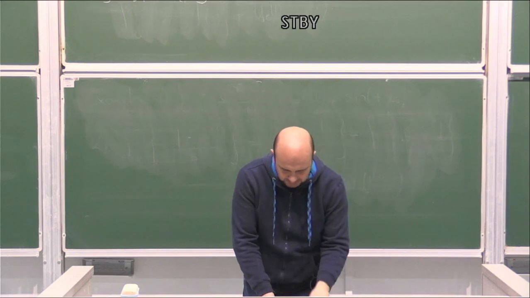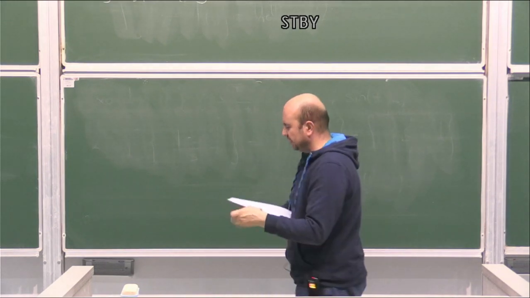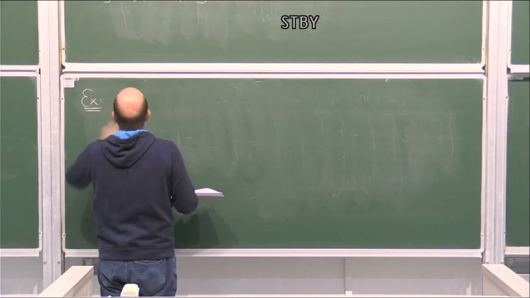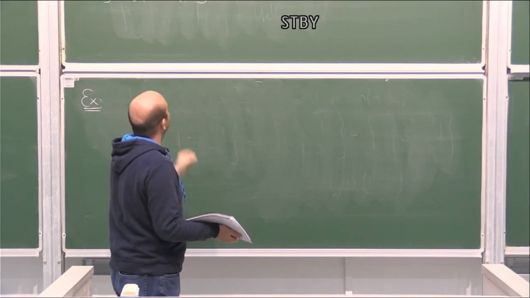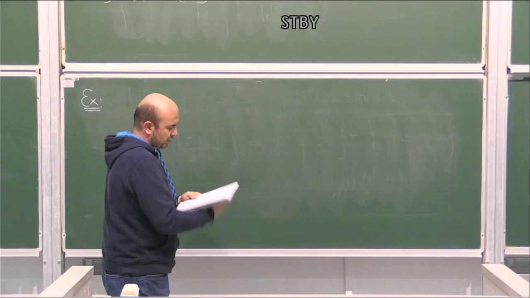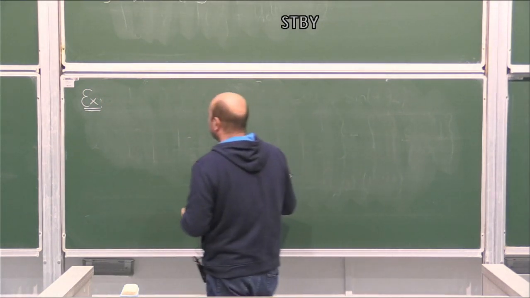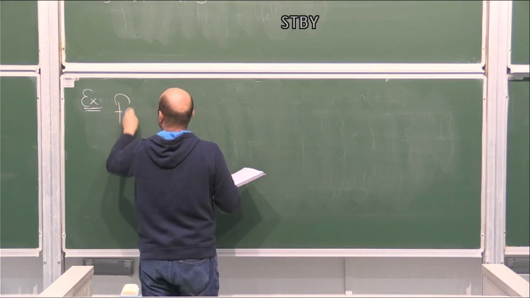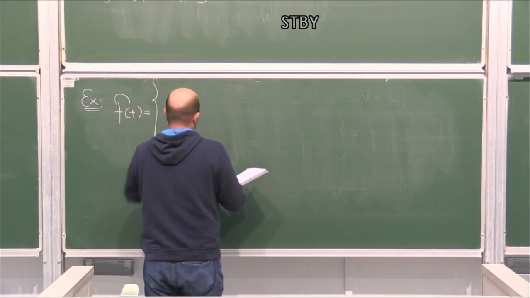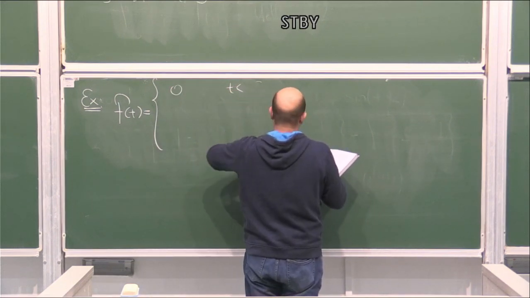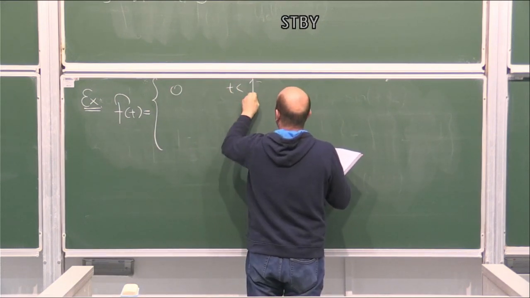Now let's do something reverse. Since we already know the Laplace transform of the unit step function and of a unit step function times a function, we can compute the Laplace transform of a discontinuous function now. So f of t, we are given the following signal, which is 0 when t is less than 1.